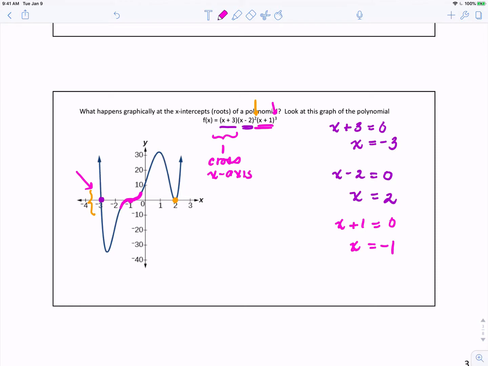If you have a root with an even multiplicity, so for example (x - 2) squared, the graph bounces. In other words, it doesn't cross the axis, but it changes directions.